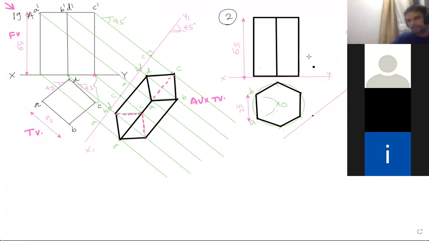So, if this is 30 degree, then the other angle will be at what angle? If this is 30, can any one of you answer that? This is A, B, C, D, E, F. Naming, I'm doing it for my reference. You can also do it. It is good to do naming.